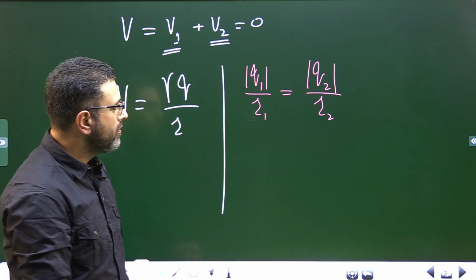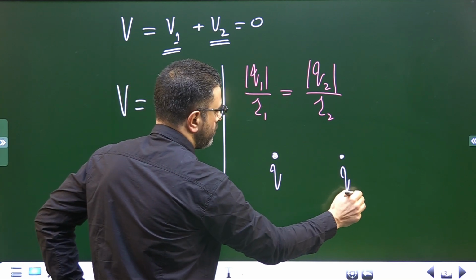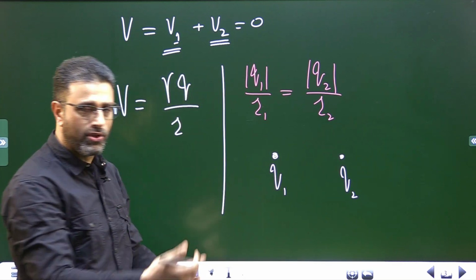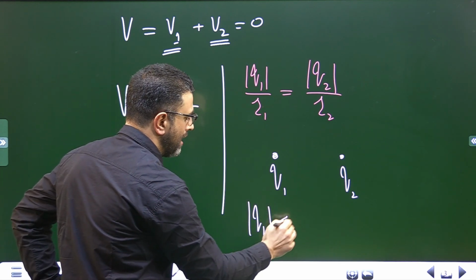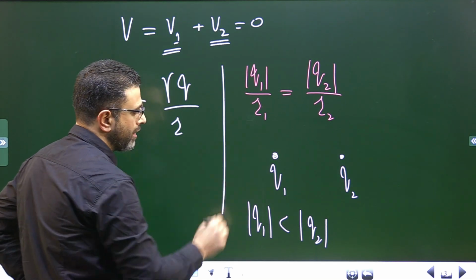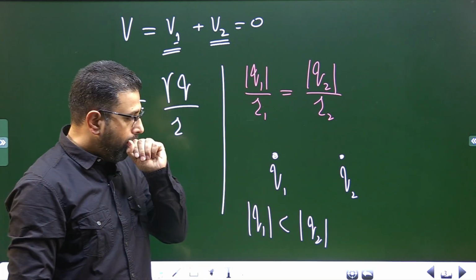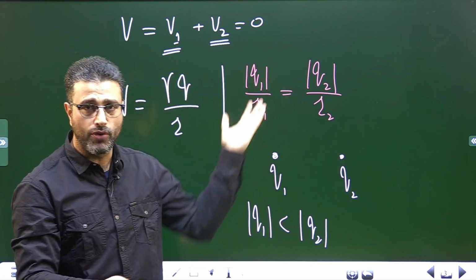So if this is Q1 and this is Q2, they are of opposite signs, and Q1 is having lesser magnitude than Q2. If Q1 is lesser, then R1 must also be lesser. Then only the ratio will remain same.